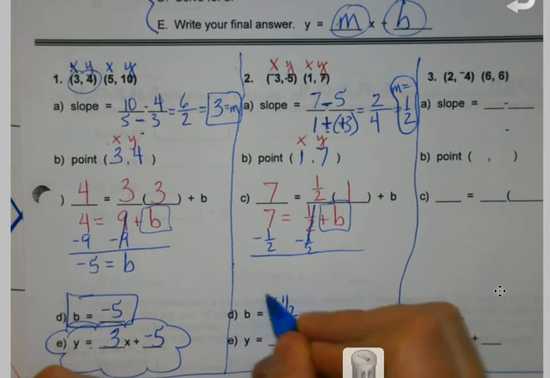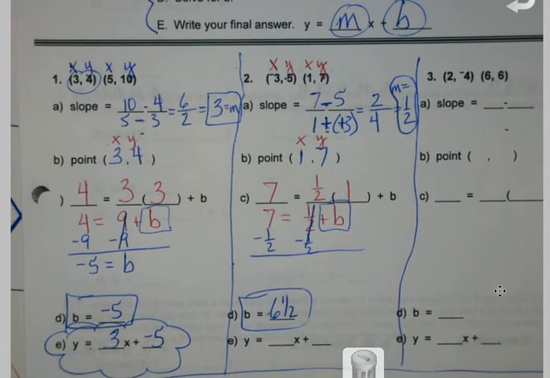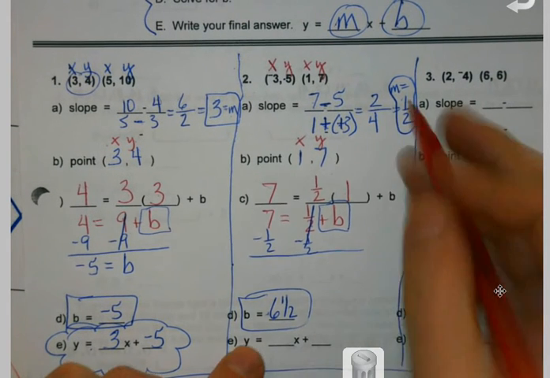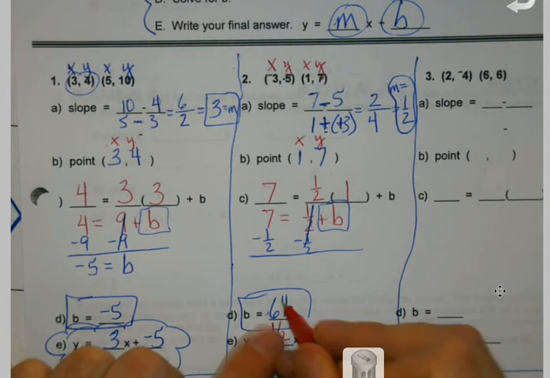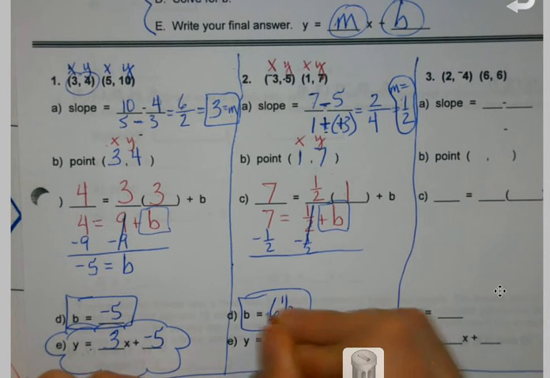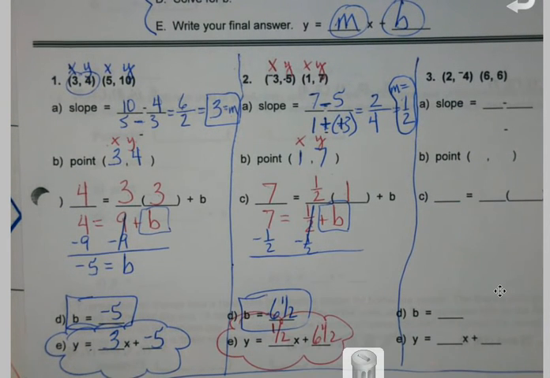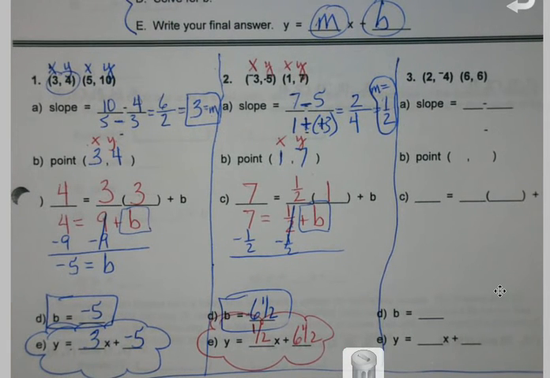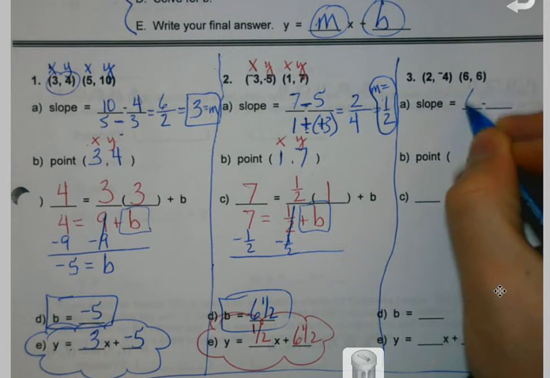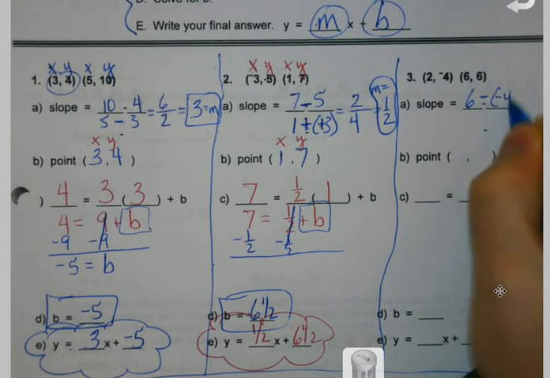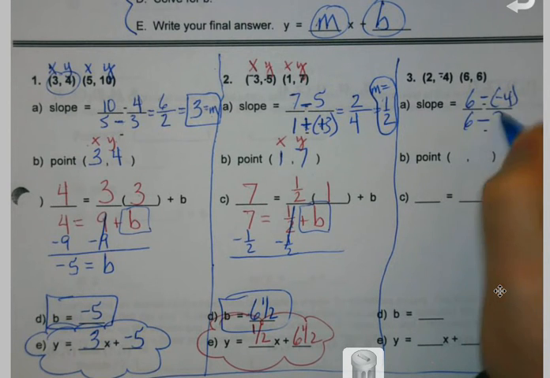But again, once I have my m and my b, I'm ready to make my equation. y equals mx plus b. Good to go. So you start to see, if you know your stuff with slope, this doesn't take very long. Okay, my y's are 6 minus negative 4. Then my x's are 6 minus 2.